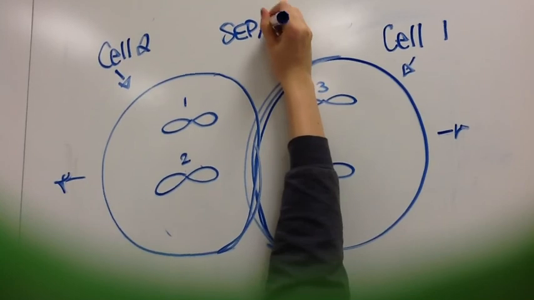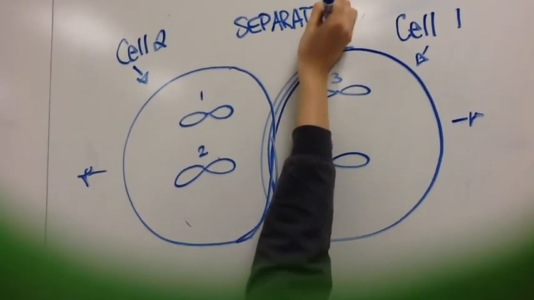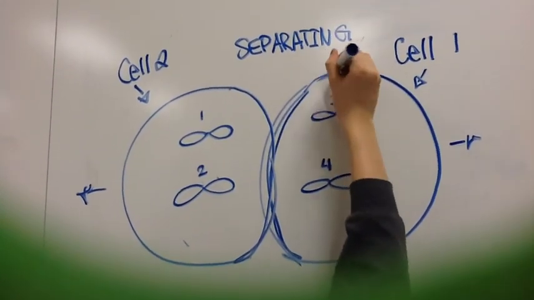The cell has now completely separated into two cells, each with two chromosomes inside.